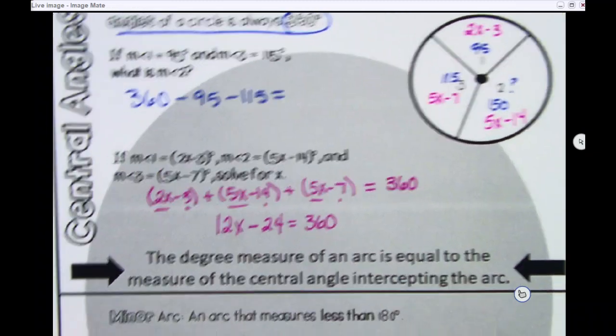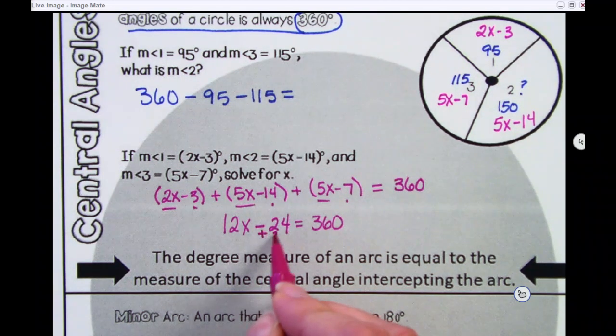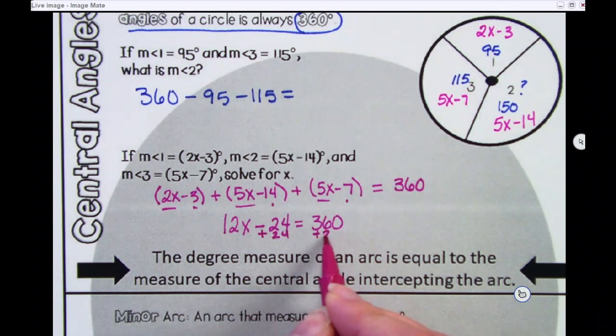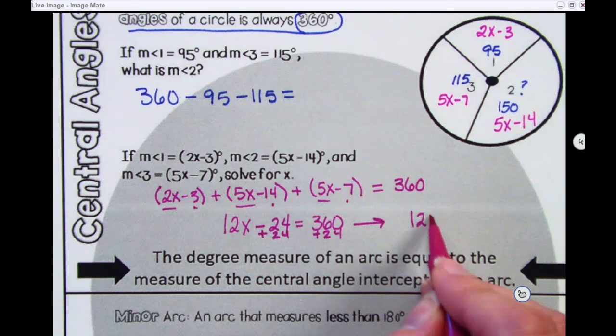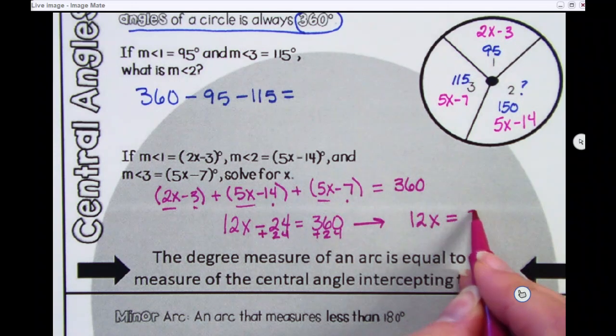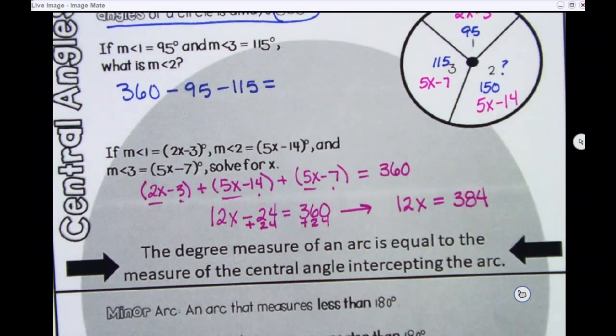All right, I'm going to pause for a second, let everybody get caught up with their notes. And we would add 24 to both sides. I'll get 12x is 384.